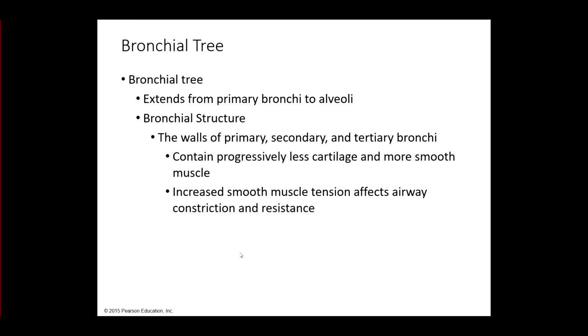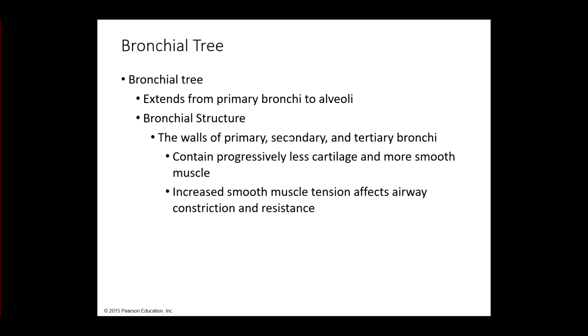So what makes something a bronchi and then eventually a bronchiole is this: bronchi are always going to have cartilage on them, right? So watch this sentence here. The walls of the primary, secondary, and tertiary bronchi, I'm going to define those for you in a minute, but notice they're all called bronchi.